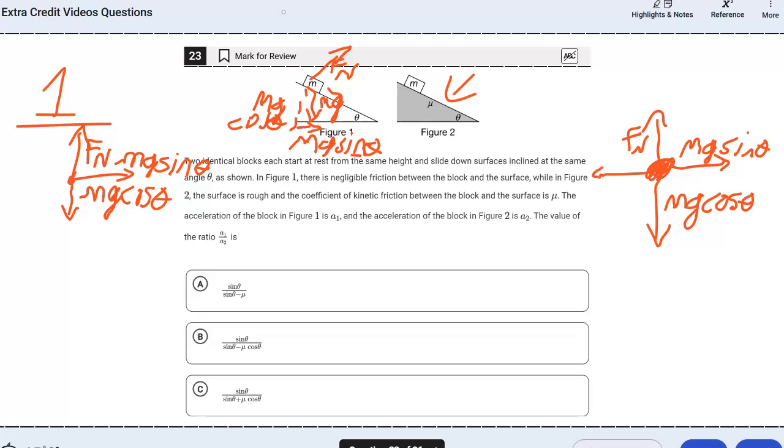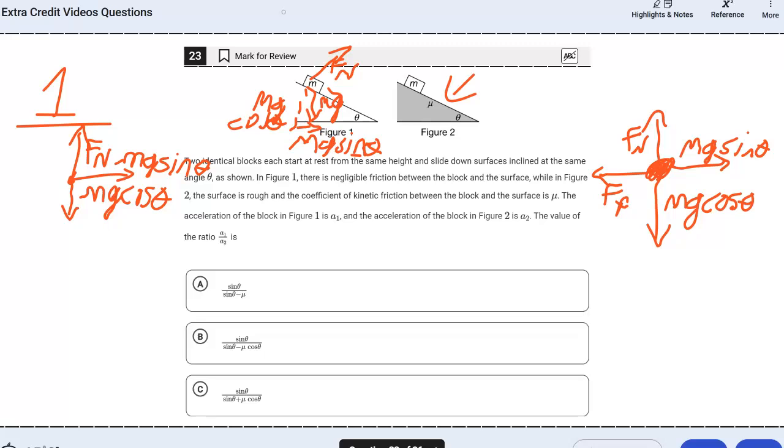That's friction. Okay, so now we are asked to find the acceleration of block 1 and then the acceleration of block 2 and compare the two accelerations.